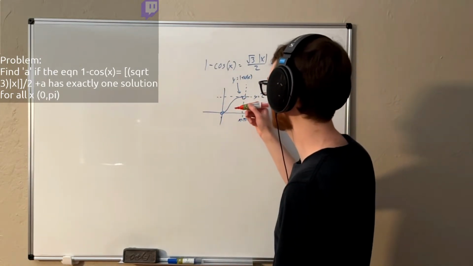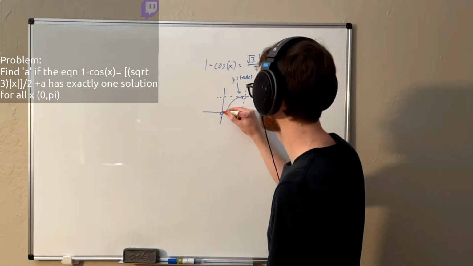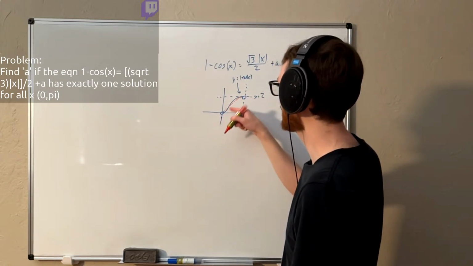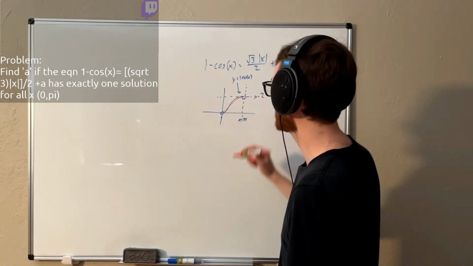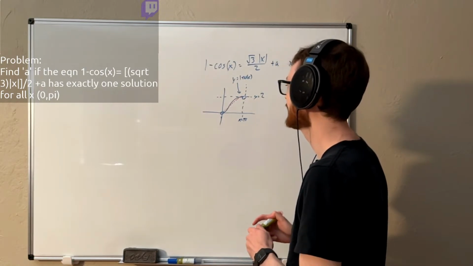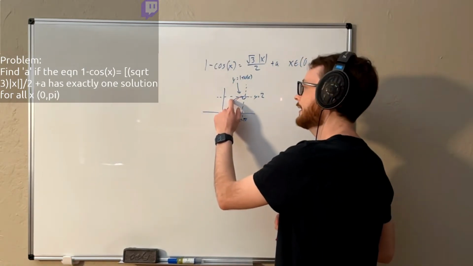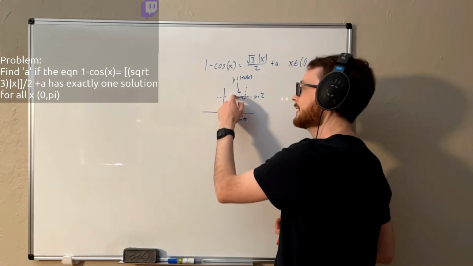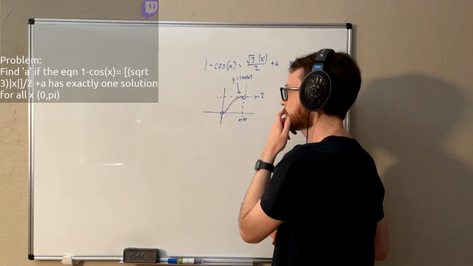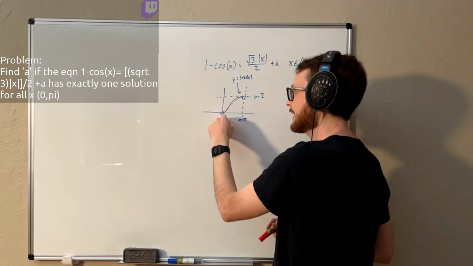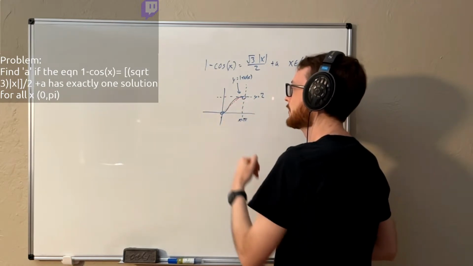And so I assume it's going to hit the cosine function in two places, and that's the issue that we need to avoid. I'm trying to figure out if we want to translate up, just skim along the edge and be tangent, which actually, that's probably a good strategy. Or if we want to shift down and go below it.